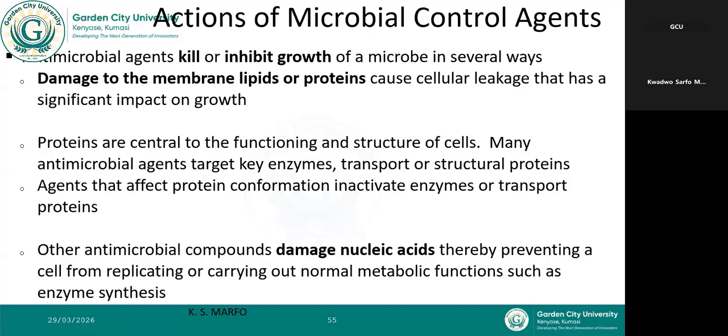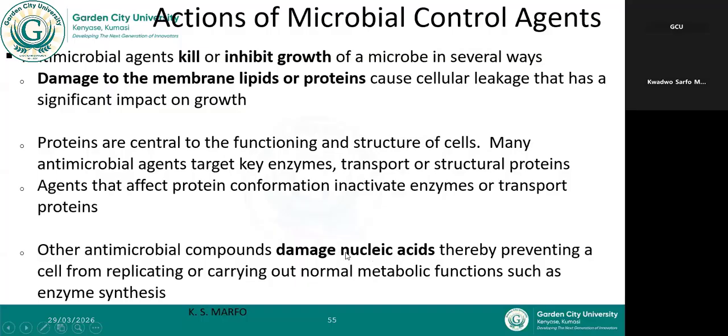And once the proteins get destroyed, that means most of these activities cannot go on, because protein is what makes the genes get expressed. The genes control the activities of the cell by being expressed as proteins. So once the proteins are not there or destroyed, the organisms cannot use these enzymes to transport molecules or to gain support for its survival.